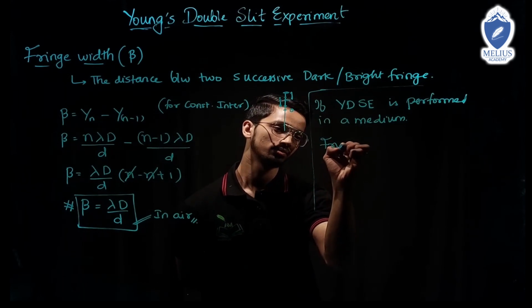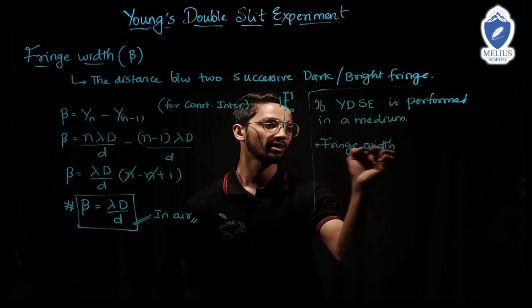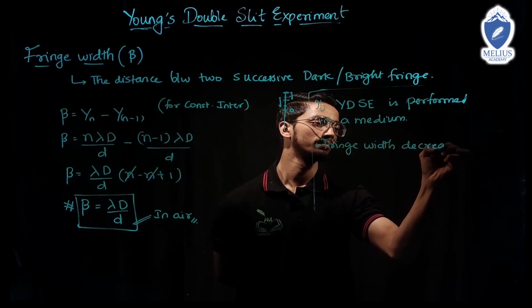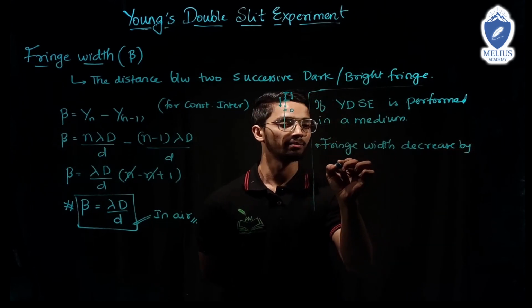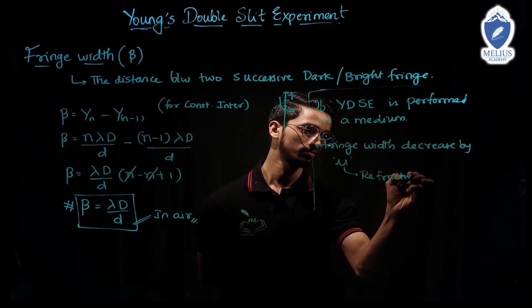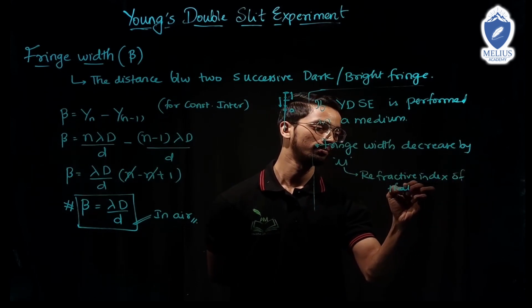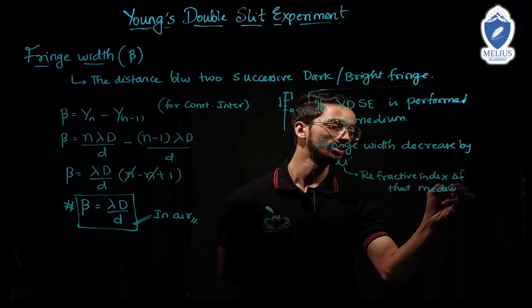Fringe width decreases by mu. What is mu here? Refractive index of that medium. Why does fringe width decrease?